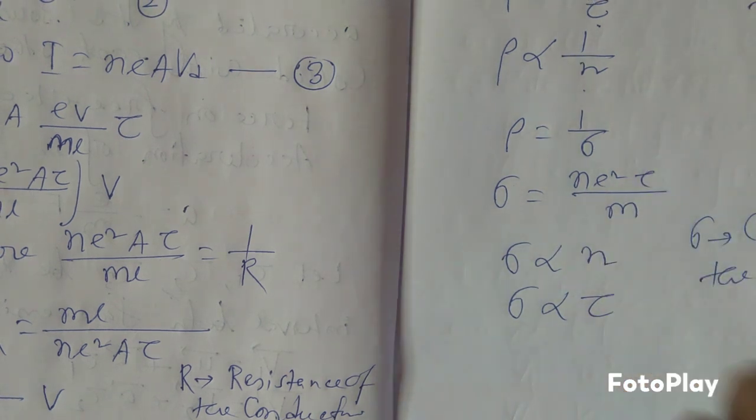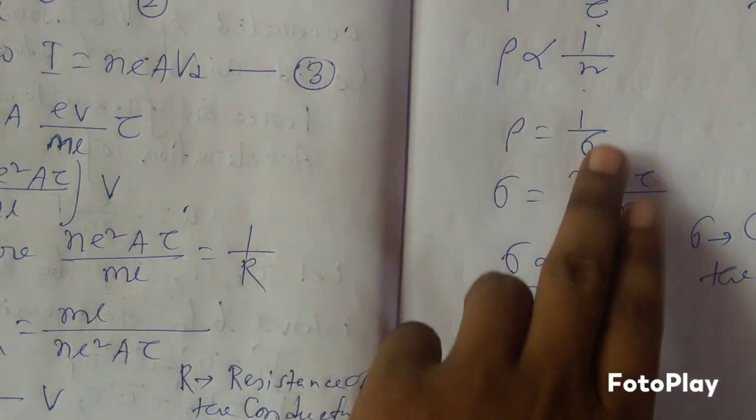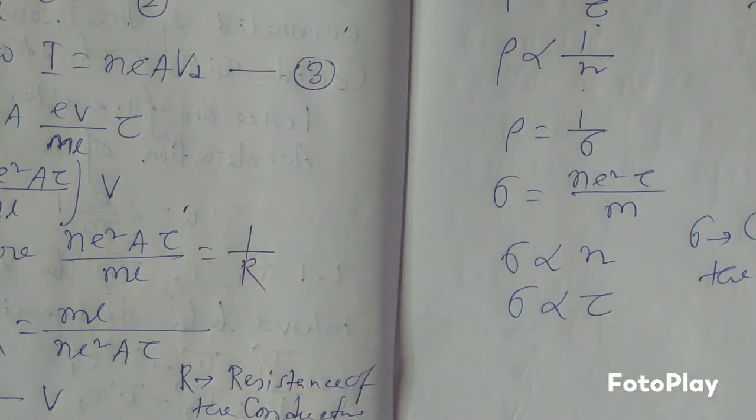So from this relation we can easily conclude that rho and sigma depend on the nature of the material, because of this difference in n. Sigma, the conductivity, and rho, the resistivity, depend on the different types of substance.